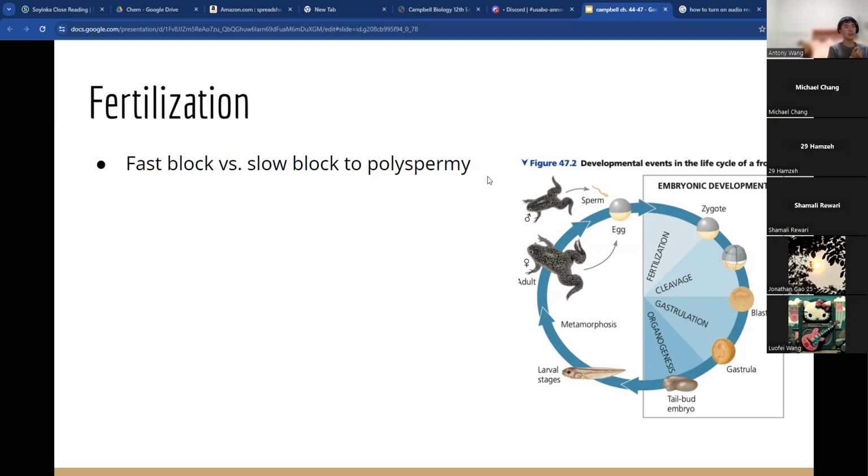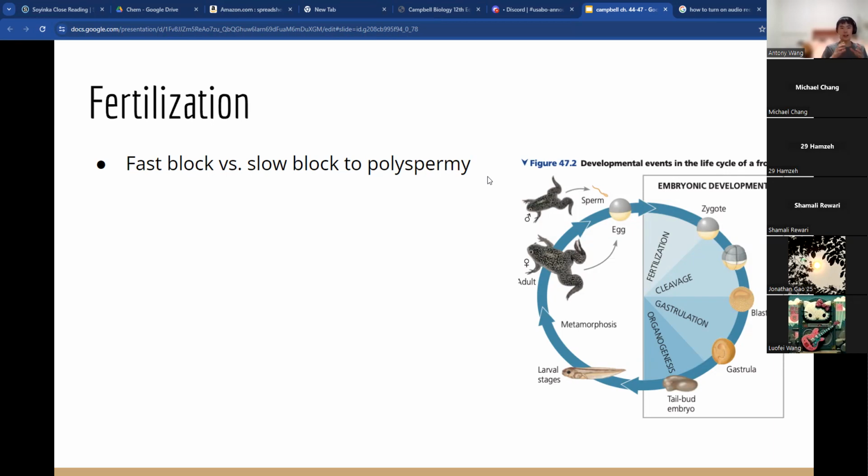Well, frogs have a fast block to polyspermy, and a fast block to polyspermy in general means that when a sperm immediately binds to an egg, that will immediately make the egg unviable to other sperm. So other sperm can no longer bind to that egg. And in frogs, this happens by the depolarization of the membrane. I'll go into a bit more detail on this.